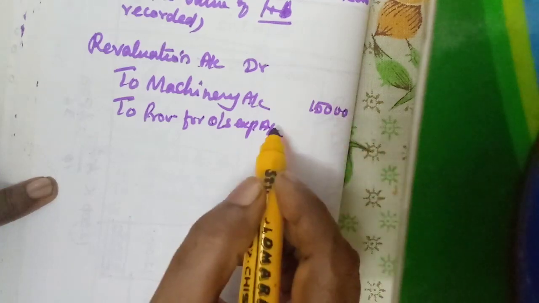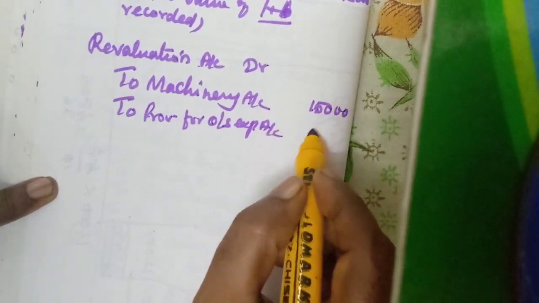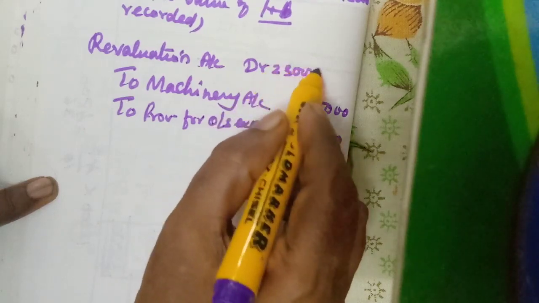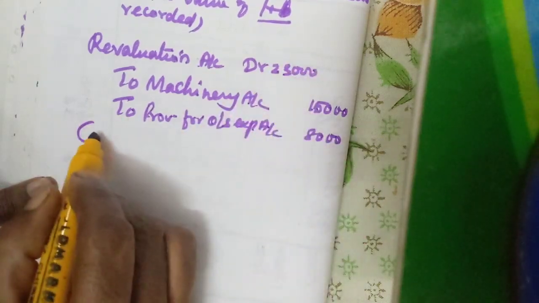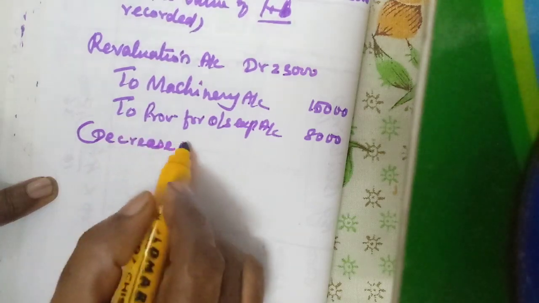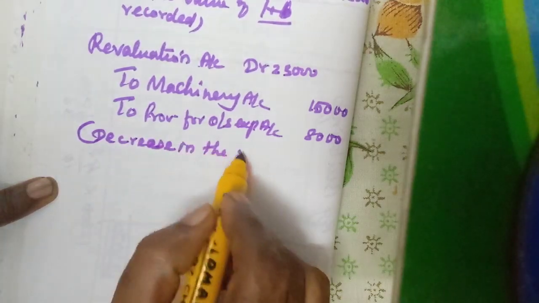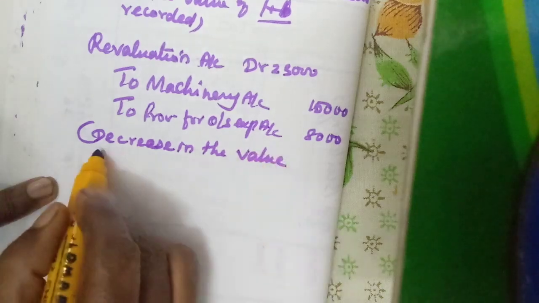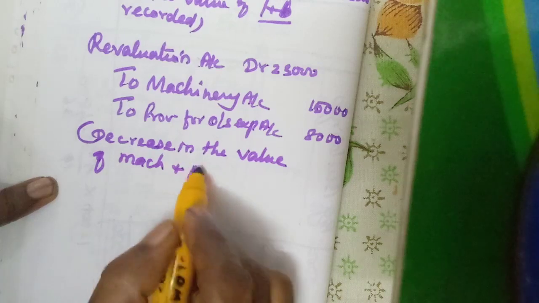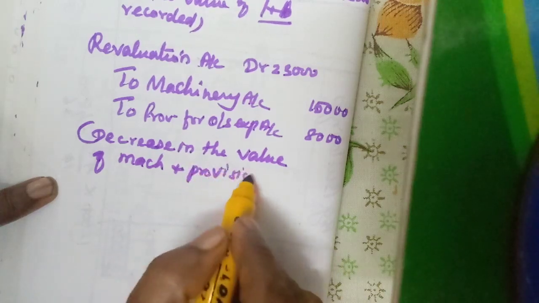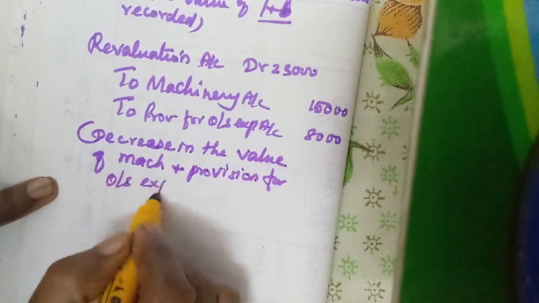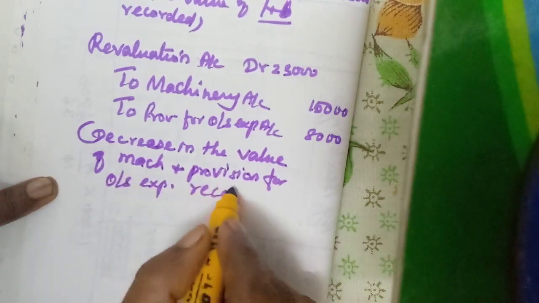Outstanding expense 8,000. 23,000. So decrease in the value of machinery and provision for outstanding expense recorded or accounted. Okay.